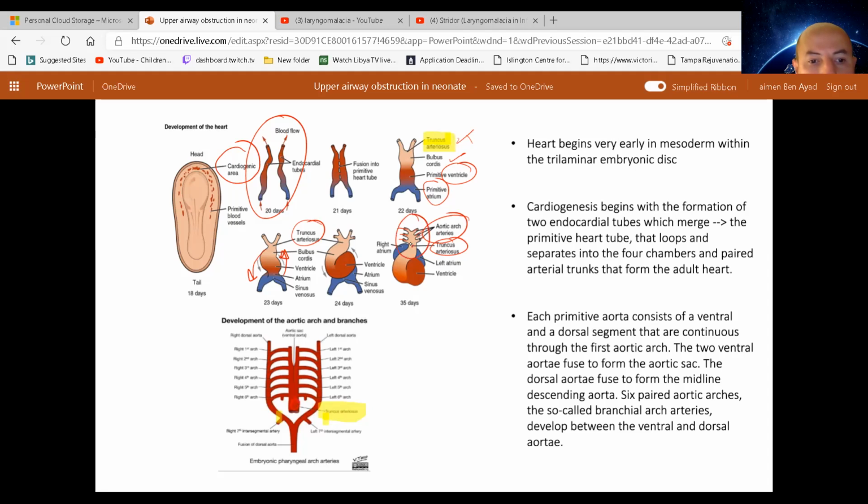You have the truncus arteriosus, and then the aortic arch is classified into 2 parts: the ventral and the dorsal part. The ventral part forms the aortic sac.